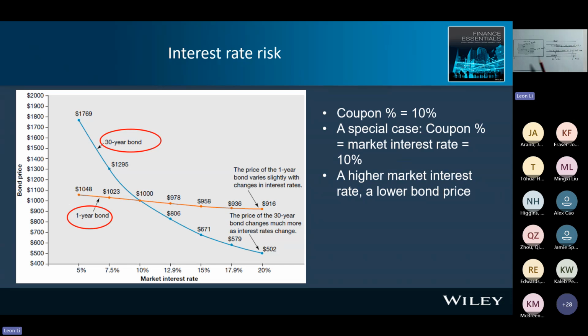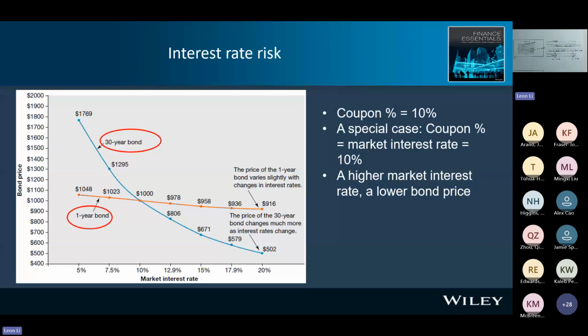And you can see the 30-year bond, the curve is steep. The slope is high. That means higher interest rate risk. The 1-year bond, the curve is flat. Lower slope, lower interest rate risk. All right. So the graph shows us the long-term bond versus short-term bond, right?